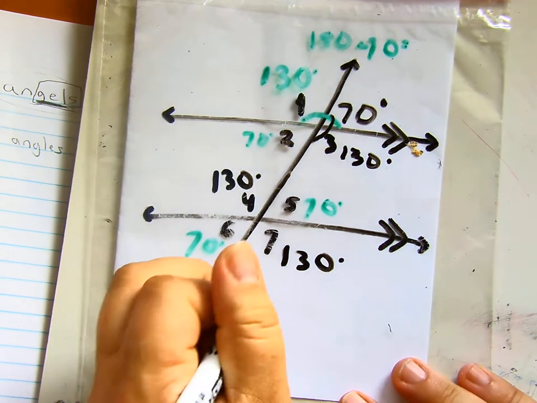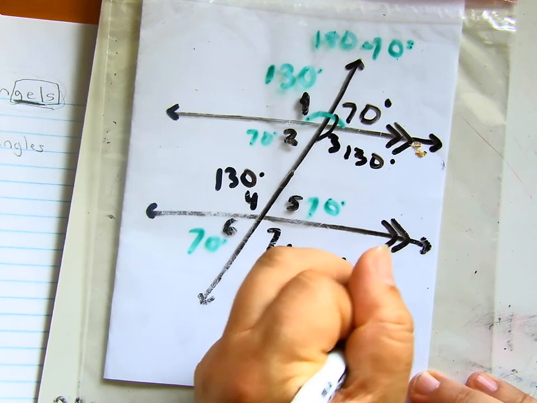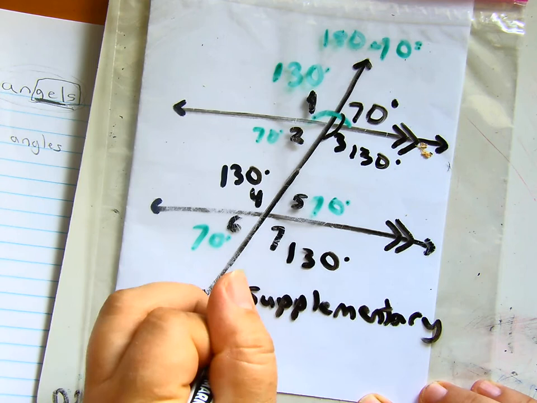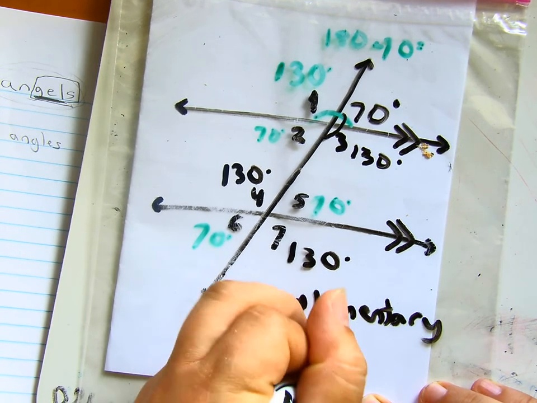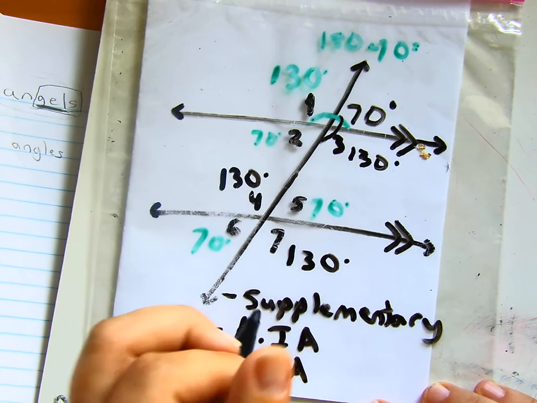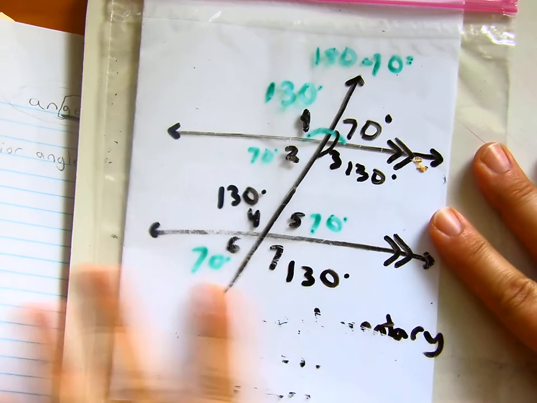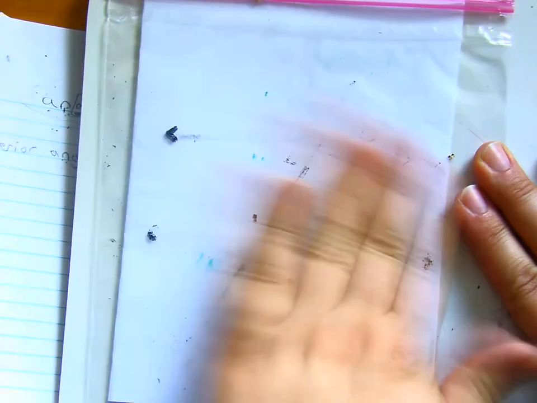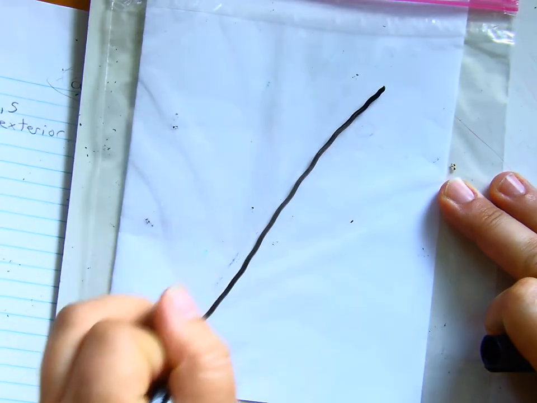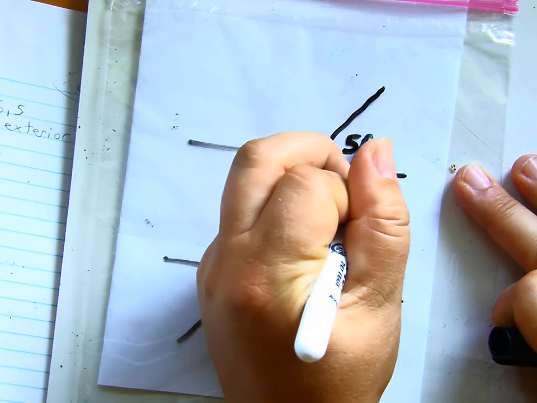So just by using supplementary angles, alternate interior angles, and alternate exterior angles, we were able to find all of these angles. So I want you to take a moment, and for this part, given we had something that looked like a transversal and parallel lines, and this was, let's say, 50 degrees.